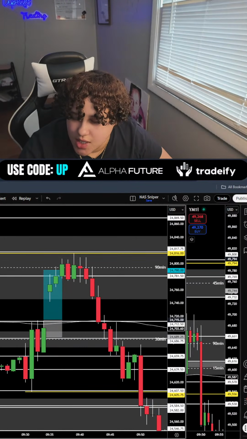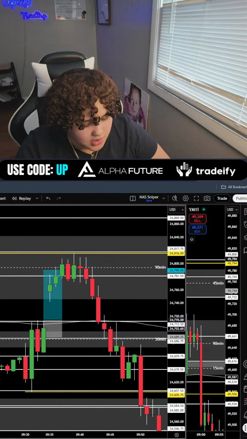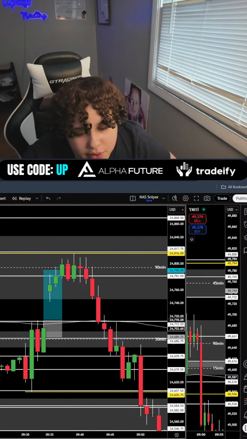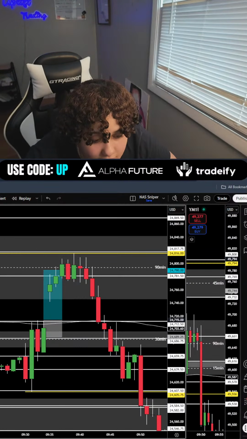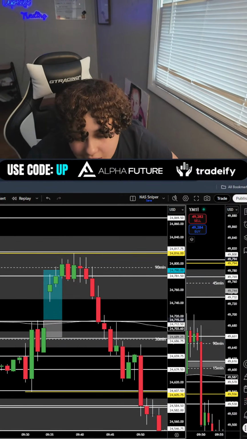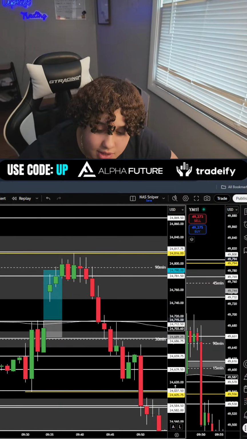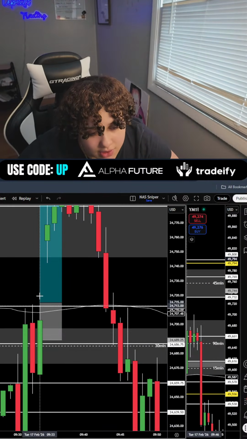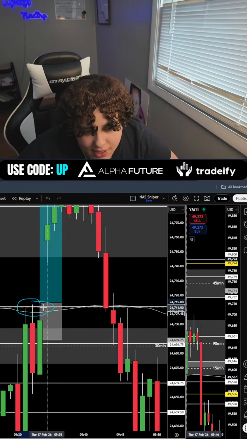Took longs on Nasdaq after it got above a white line. This is also a good example of how I use my white lines. I don't use them every time, but when I do use them, it's very helpful, right? Like right here, I saw it was rejecting the white line, so where was my entry going to be?